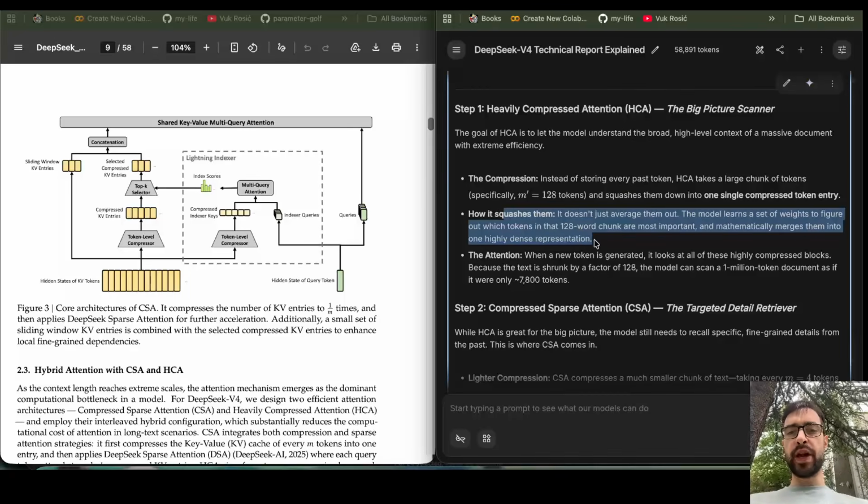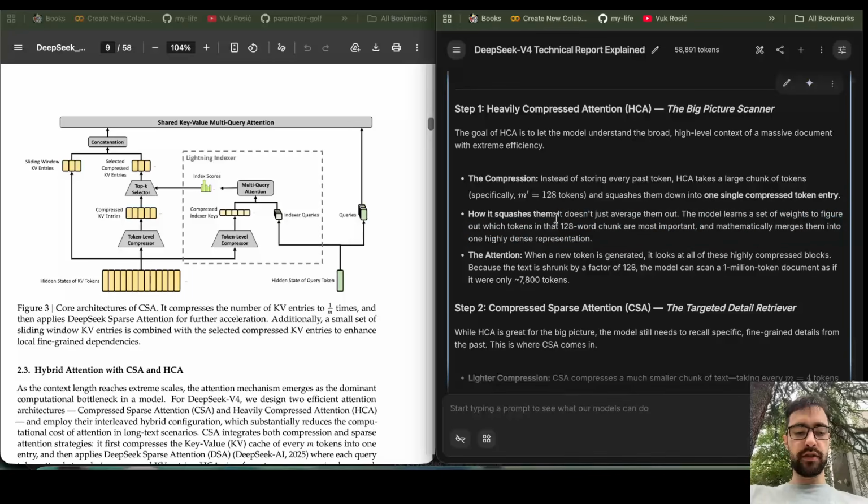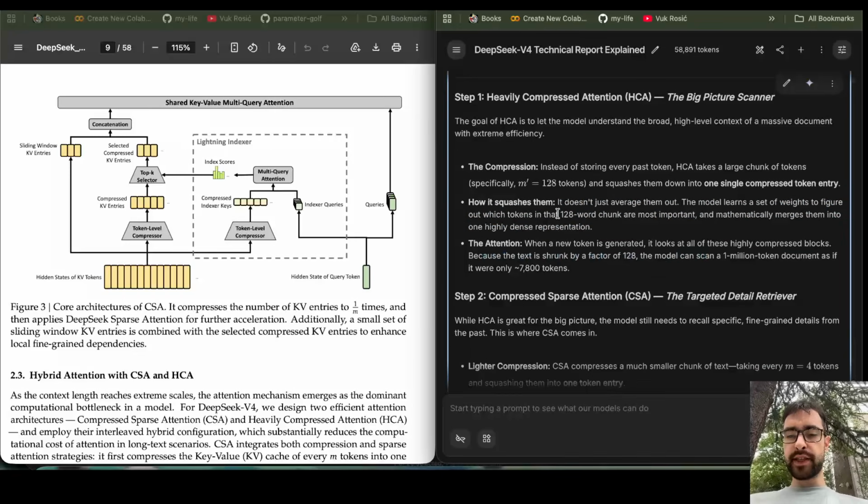It learns weights that detect which tokens are most important, and then uses some formula to make the most important tokens contribute more information. Because of this squishing, 1 million tokens would seem like 7,800 tokens.